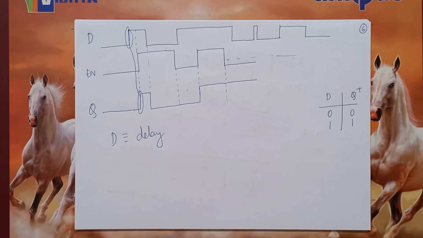And from that we also modified the gated SR latch to make what is called a D latch, and we also derived the state table for that. I leave it to you as an exercise to find out how you can derive the excitation table of a D latch in a manner that is very, very similar to what we did for the gated SR latch.